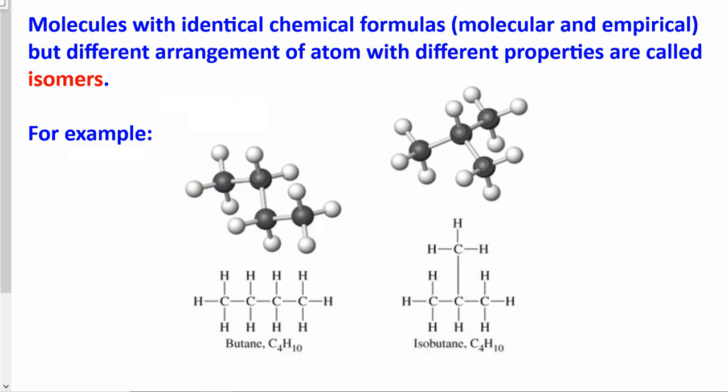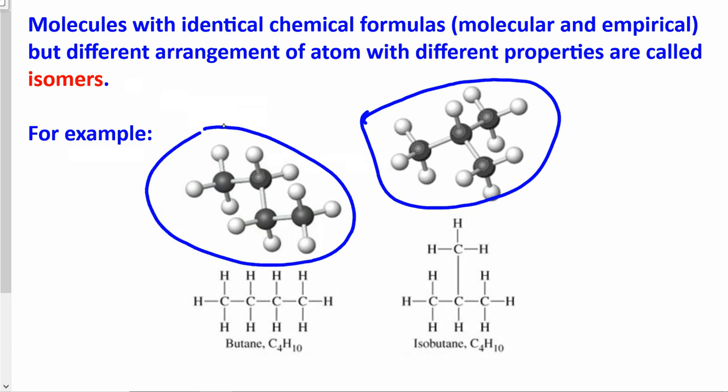If you look at isobutane, you still have 4 carbon and 10 hydrogen, but the molecules are arranged in a different order, and therefore they're known as isomers.